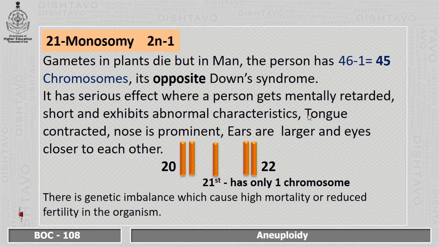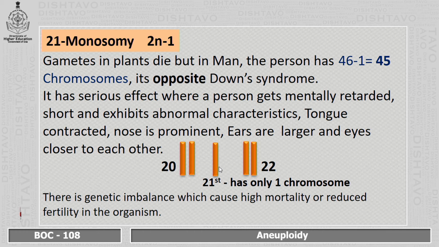In some syndromes we see the tongue hanging out, as in Down syndrome, but in this case you will see the tongue contracted, stuck up inside, and the nose is prominent, ears are larger and the eyes are close to each other, whereas in Down syndrome the eyes are far apart.